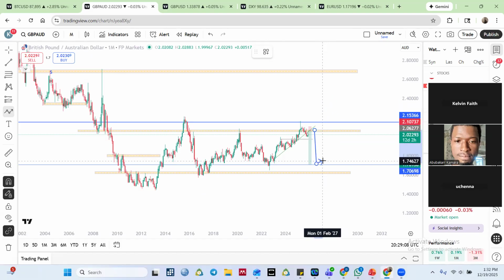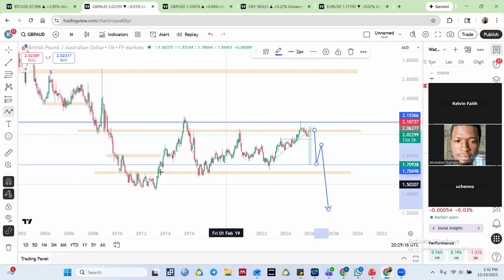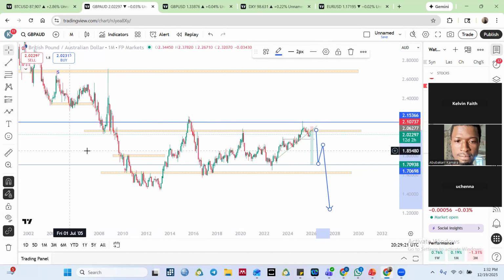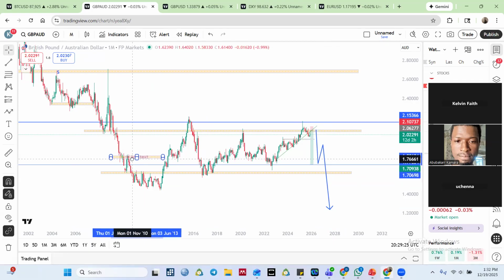But if it gets here, it moves up, makes internal structures, and still drops and makes a new lower low, then it means the market is continuing being bearish and therefore was not using this area as a valid point to merit a bullish break of structure.